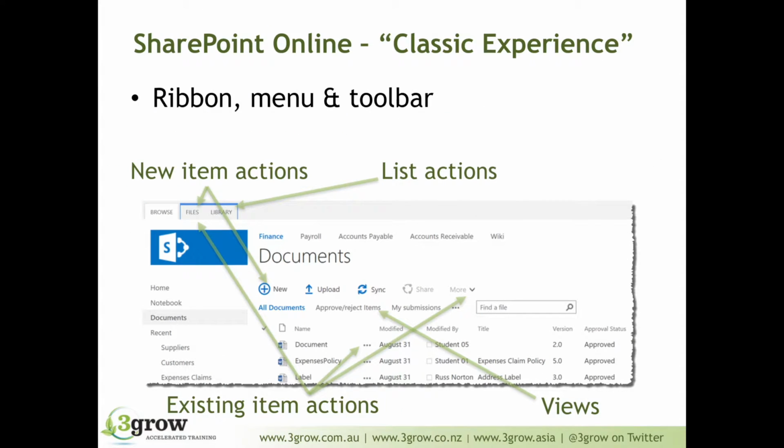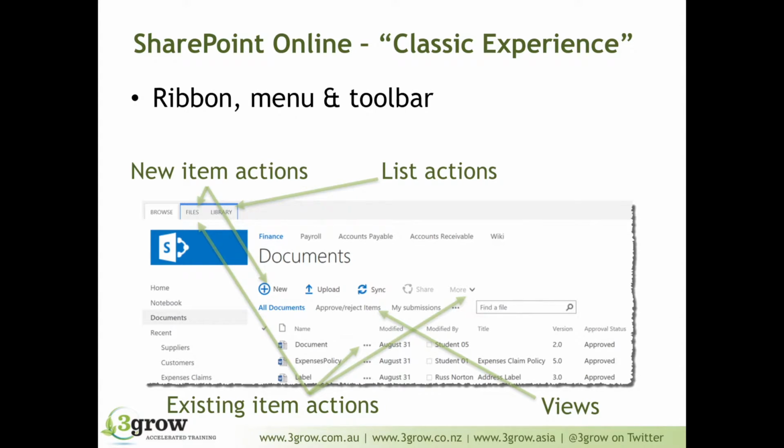Now moving on to the classic experience in SharePoint Online, which is still available. The main thing you'll notice here is that the ribbon tabs remain the same, the ellipses, the views, they all remain the same. The main difference was the addition of a more comprehensive toolbar.